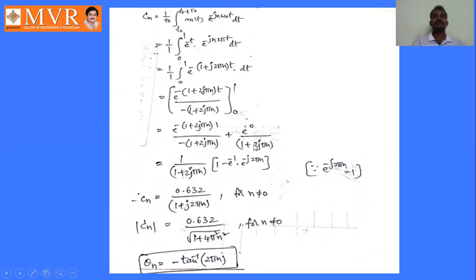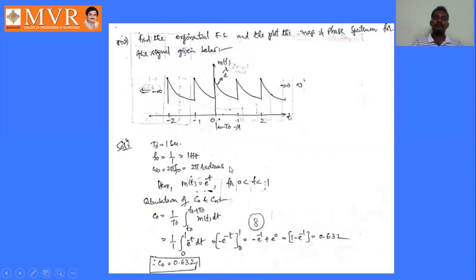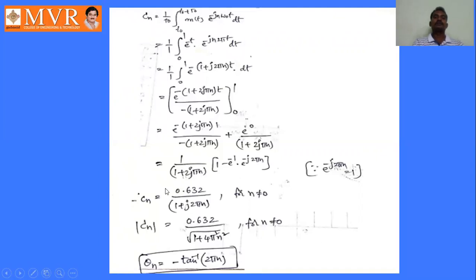By substituting the values 1 and 0 in this expression, we will get Cn as 1 by (1+j2πn) into (1 minus e^(-1) into e^(-j2πn)). Since e^(-j2πn) is equal to 1, replace it by 1, and it will become 1 minus e^(-1). Already the value of 1 minus e^(-1) is 0.632. So Cn is 0.632 by (1+j2πn) for n not equal to 0.